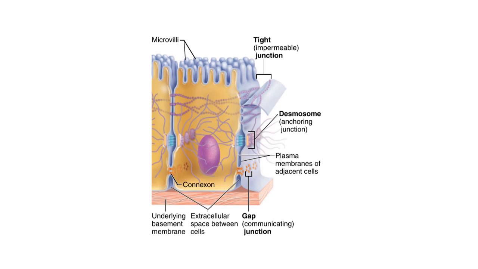Next, let's review how cells are bound to each other. So I'd like only to focus on the tight junction and the desmosome. Okay? So, the tight junction technically binds two cells together. Okay?